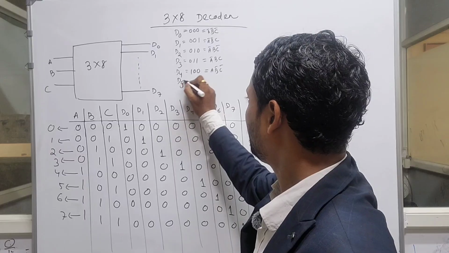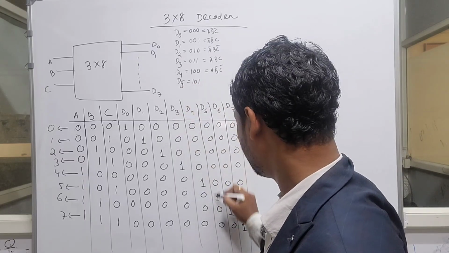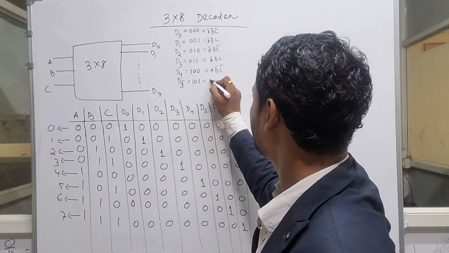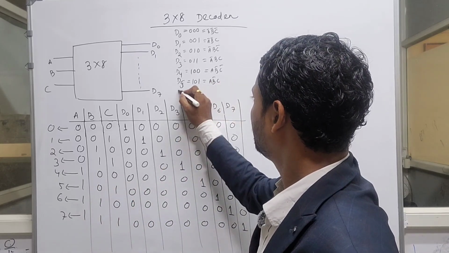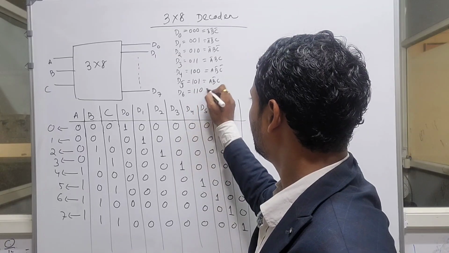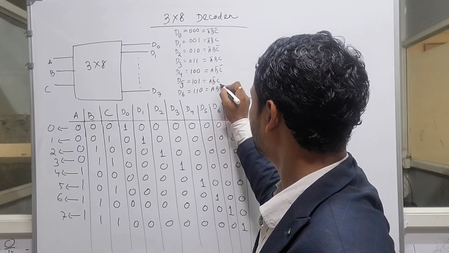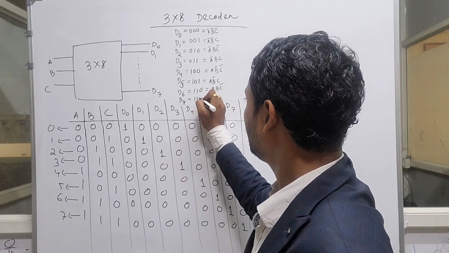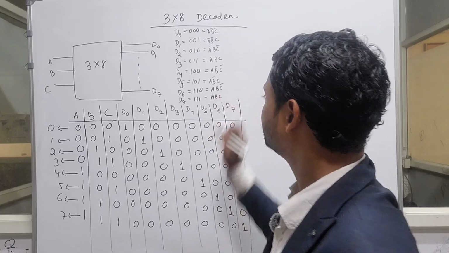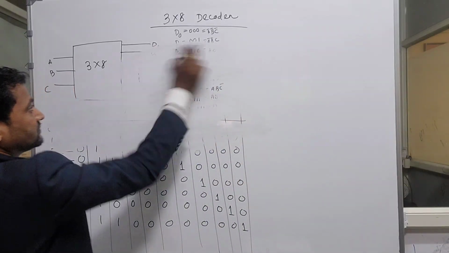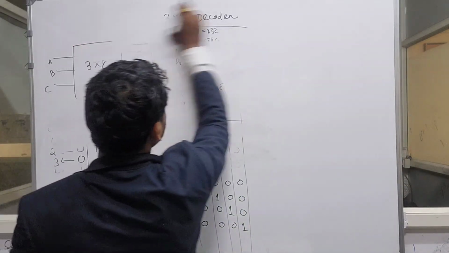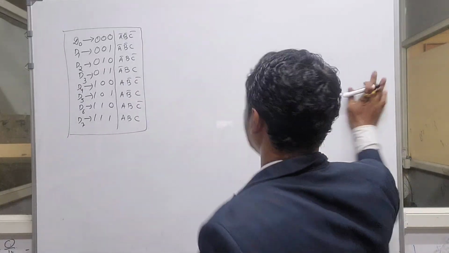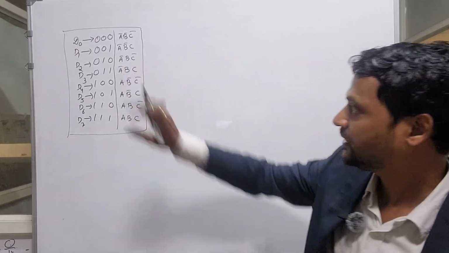And D5 is 1 0 1. check करो एक बार. देखो this is 1, corresponding input are 1 0 1, मतलब A, B bar, C. And D6 क्या है? 1 1 0. that means A, B, C bar. ठीक है. and here I am writing D7 क्या है? 1 1 1, मतलब A, B, C. So I have written the same thing here again.